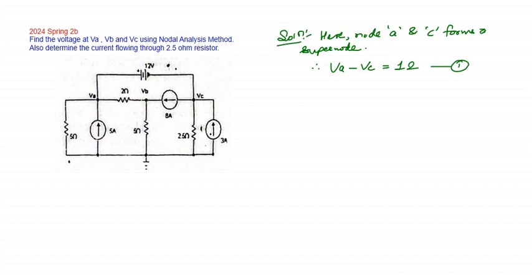Secondly, write the equation for the supernode A and C, forming the outgoing current as shown by the arrow.